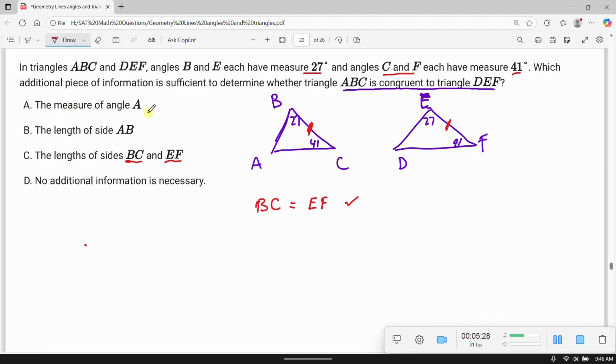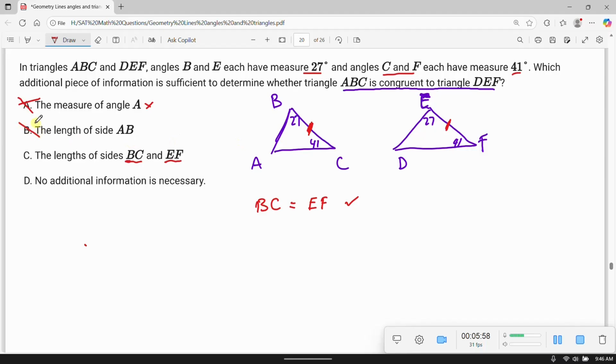They say, if we need to prove these two triangles congruent, I need the angle A. Well, the three angles can be the same, but the triangles are not necessarily congruent. So this is wrong. The length of the side AB. If I put the side AB here congruent, then I have a side that is outside the two congruent angles.